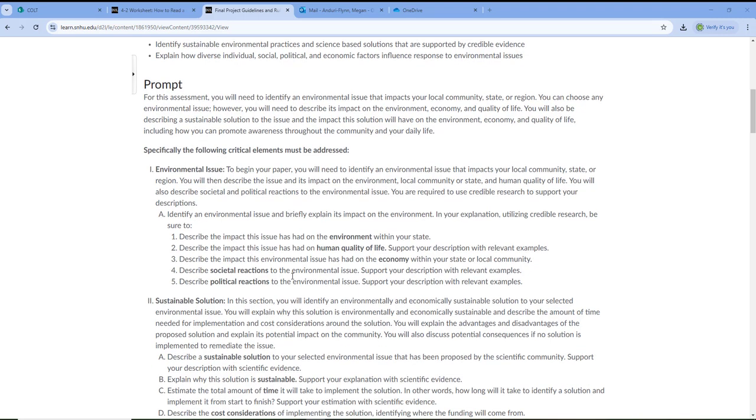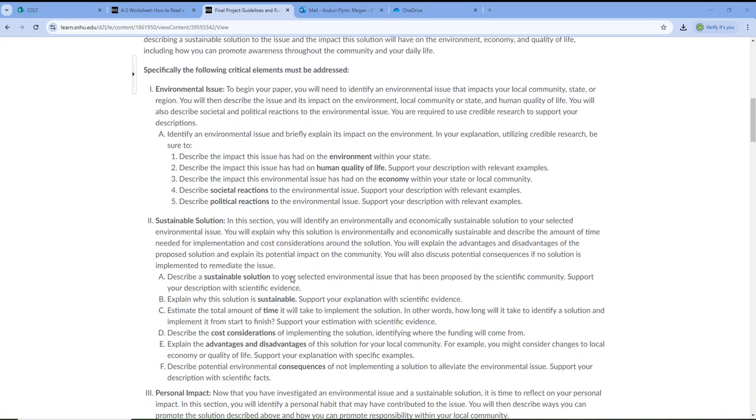So we've looked at the government websites as credible sources, but we also have the usage of journal articles. Okay, so academic journals are important sources for you to use in going directly into the research and stating, based on that research, the different impacts to the environment or sustainable solutions or whatnot.